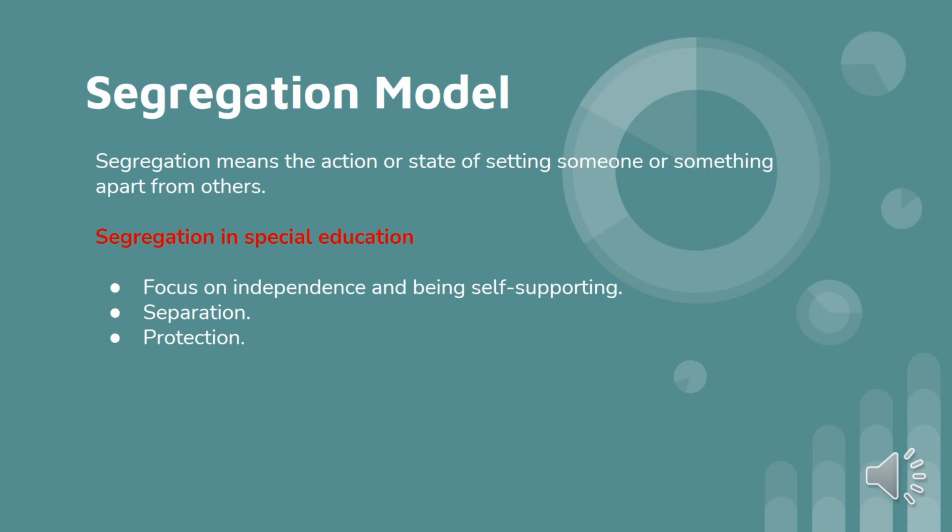Protection. One study found that abusive behavior was an acknowledged aspect of life in elementary and secondary special education schools, but abusive behavior was not apparent to any extent in inclusive schools.